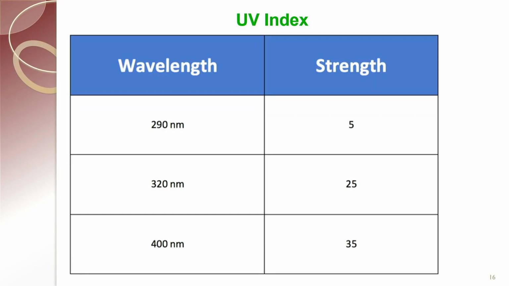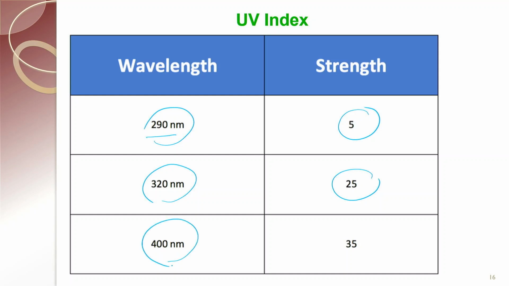Now, typically say 290 is assumed here, and here the 290, its strength is 5. That is an arbitrary strength we are giving. 320, its strength is 25, and 400, the strength is 35, because of the proportion that is reaching.